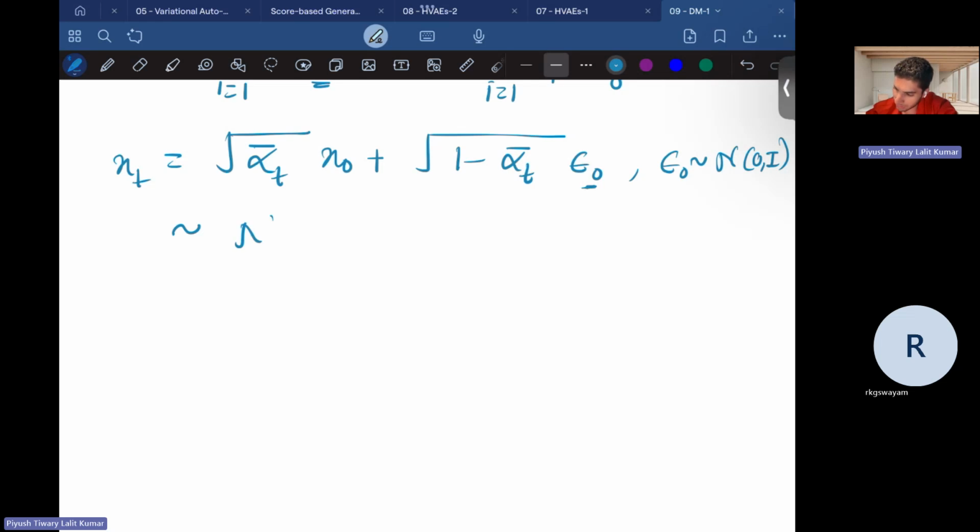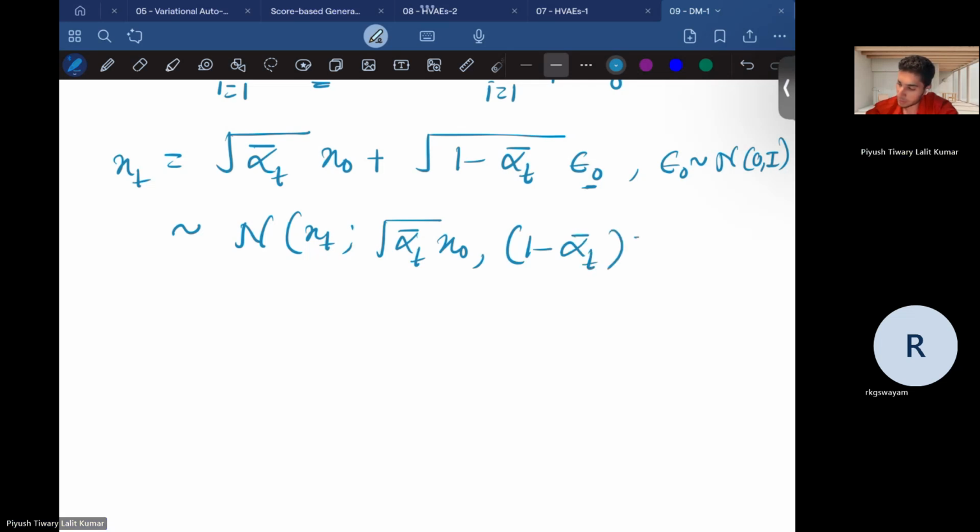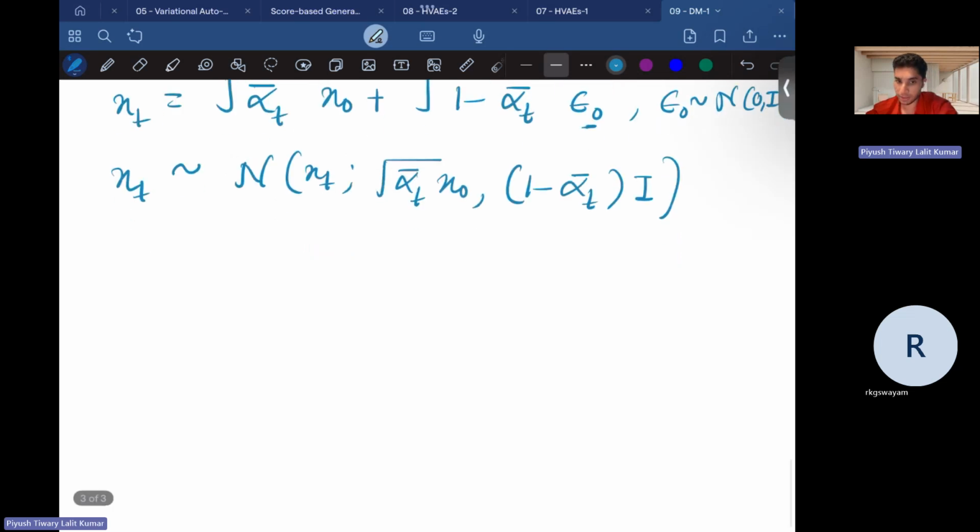What is the mean? The mean is square root of alpha t bar x naught. And the variance is 1 minus alpha t bar I. This is the distribution of x t in terms of x naught. This distribution is often called q of x t given x naught.